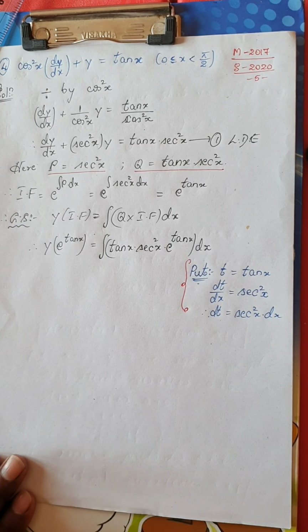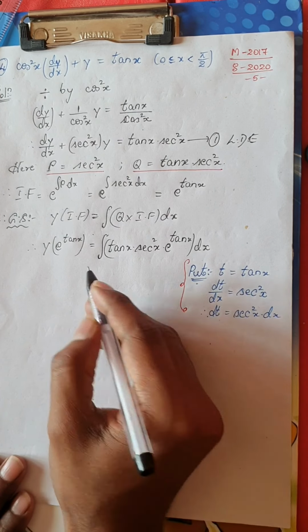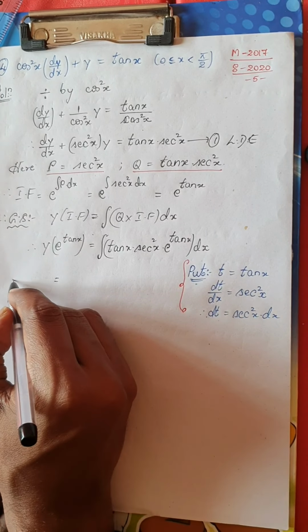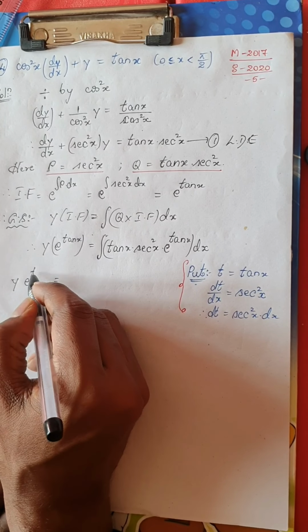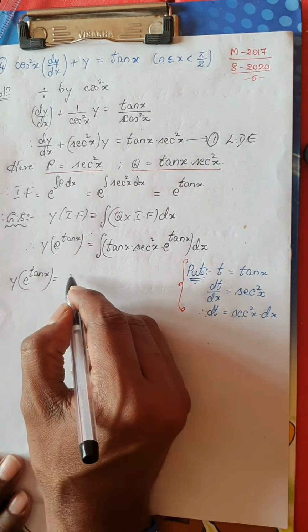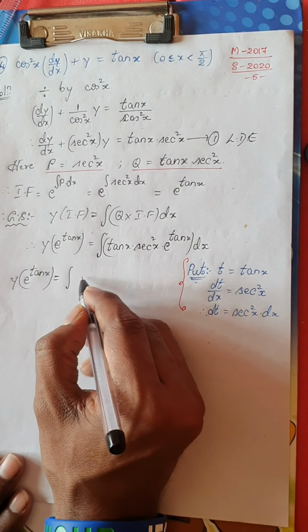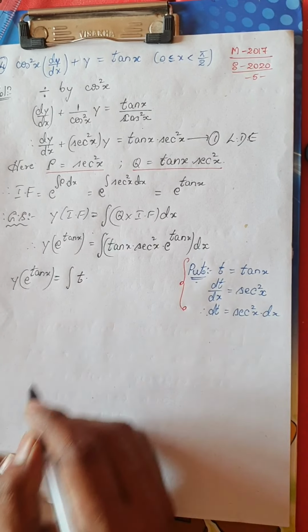Once that is ready, let us substitute here. I will write y into e power tan x is nothing but integral of, remember what is tan x here? Tan x I have substituted as t.